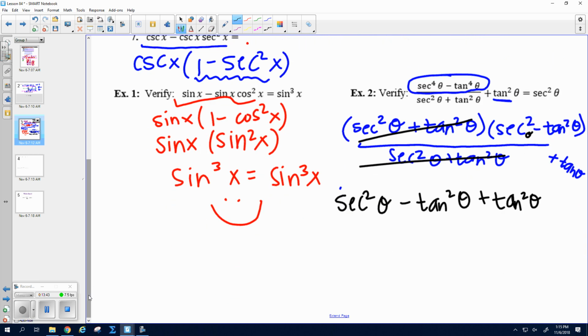So that's nice. We don't have to look for one of our best friends right here because something else cancels. Evan, what else cancels? I have a negative tangent squared and a positive tangent squared. So I'm left with secant squared theta, and that is what we were trying to get on the right-hand side.